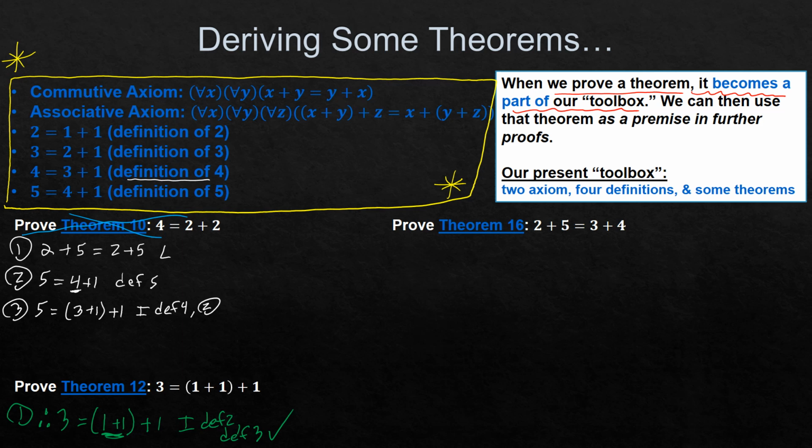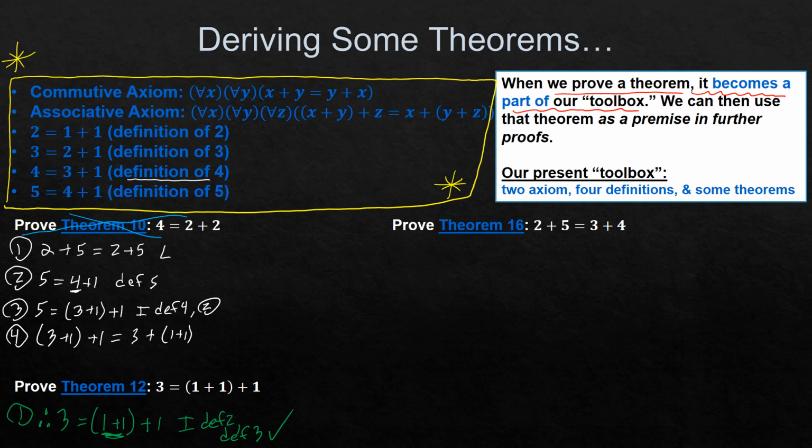And then for line 4, let's use the associative axiom. Okay, so we'll say x is equal to 3, y is equal to 1, and z is equal to 1. So we'll say that (3 plus 1) plus 1 is equal to 3 plus (1 plus 1).